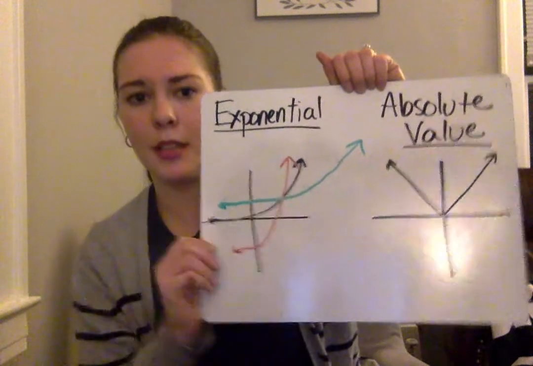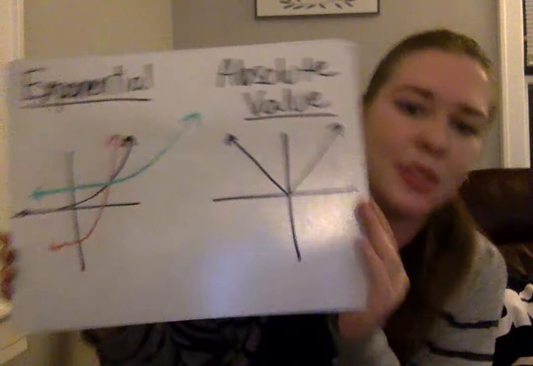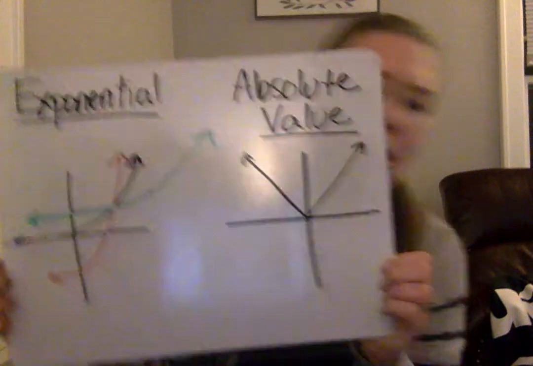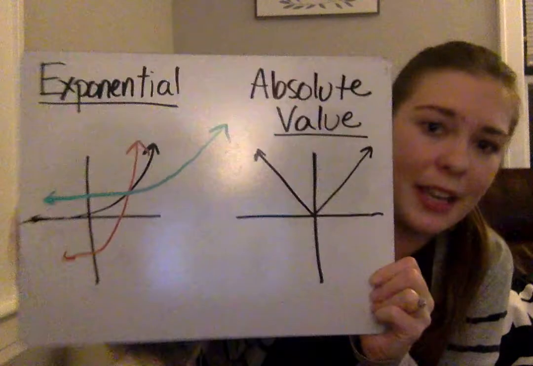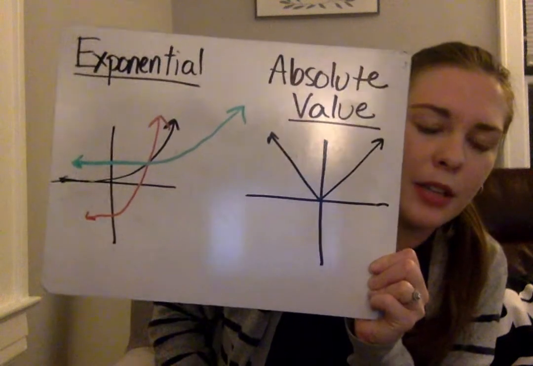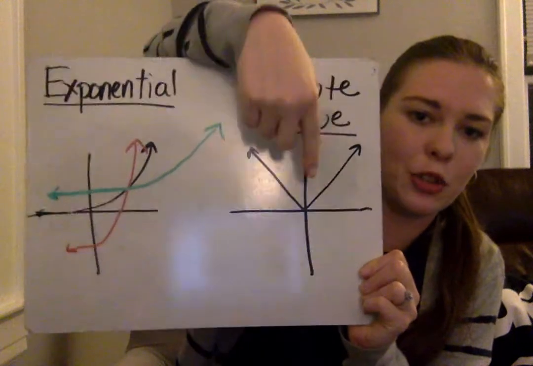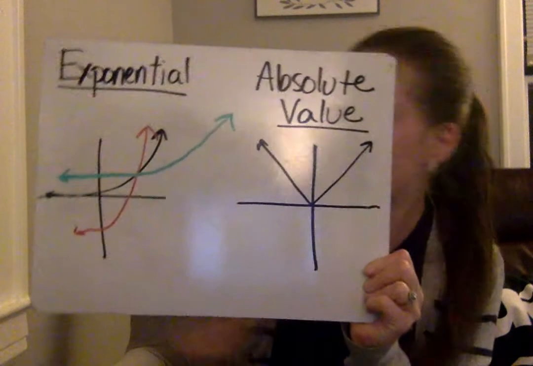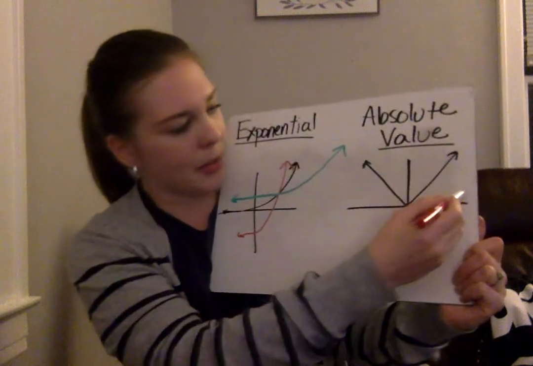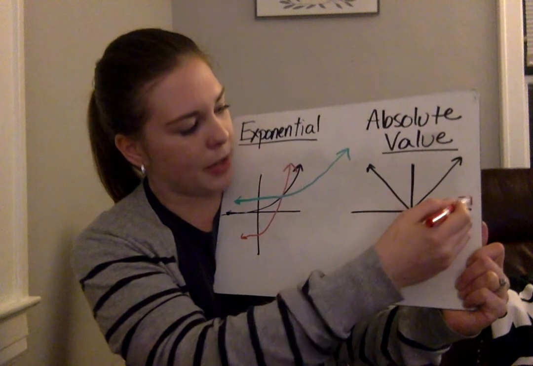Right? Let's look at absolute value. This one I like because it's probably one of the easier ones to remember, because it always looks like a V, and absolute value has a V in it. So it will have that sharp turn just like a V does. And as I said before, it could change a little bit. So maybe, kind of similar to our quadratic, we stretch this out a little bit.